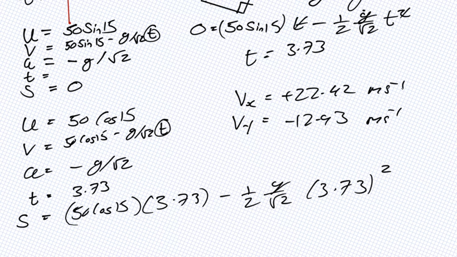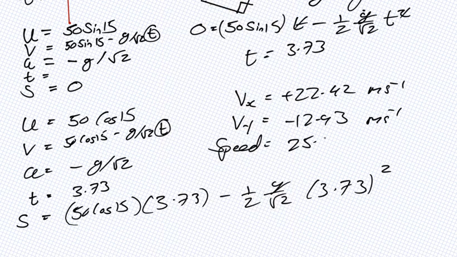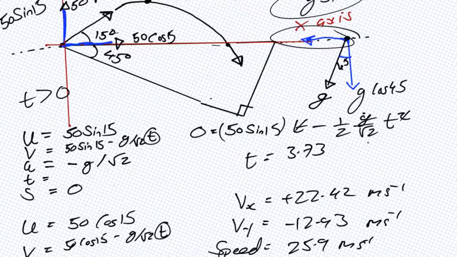Okay. What is the final speed? So the speed, using our usual magnitude formula, is the square root of Vx squared plus Vy squared, and that comes in at 25.9 meters per second. And lastly, at what angle does it hit the plane?